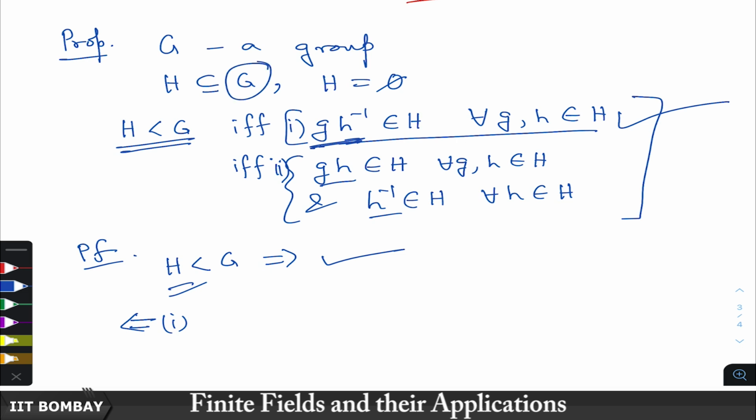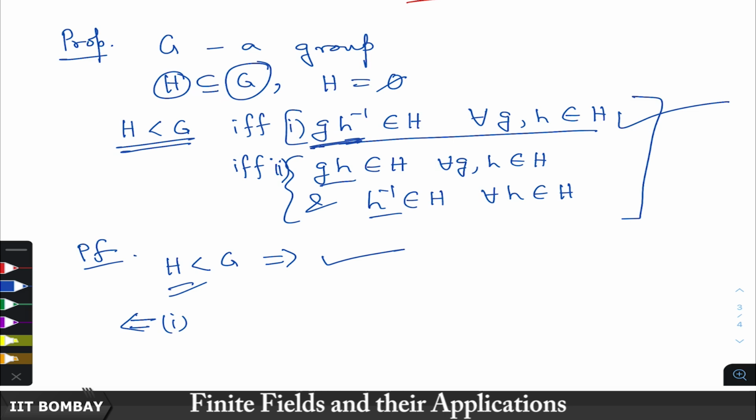So, it must be associative in the subset, because the elements in H are also elements in G, and the operation is associative. Now, we need to check existence of identity, closedness, and existence of inverse.